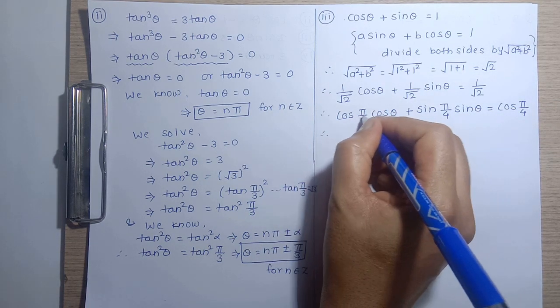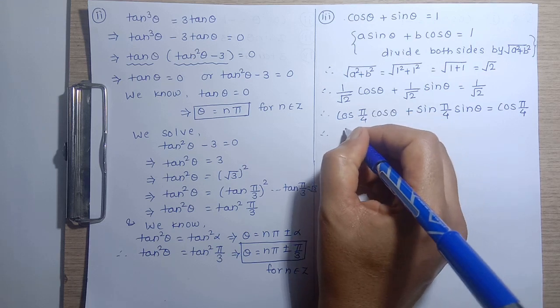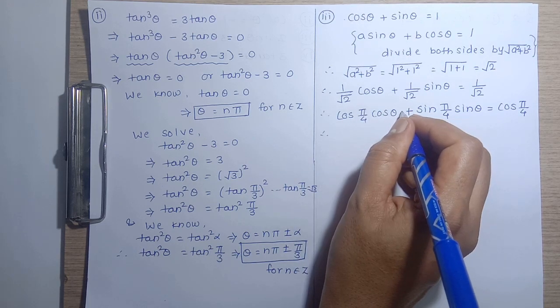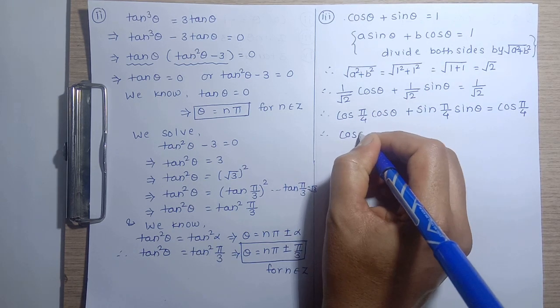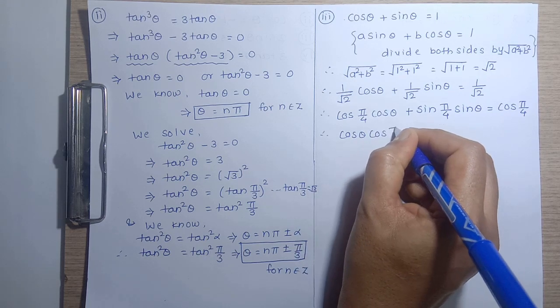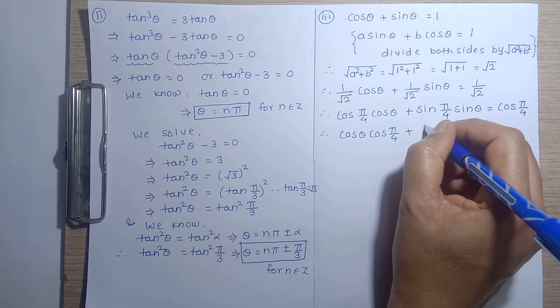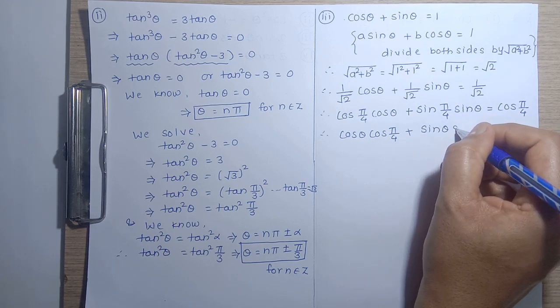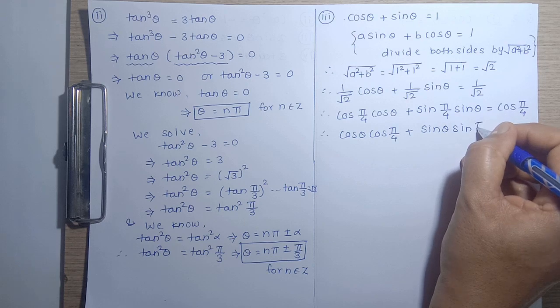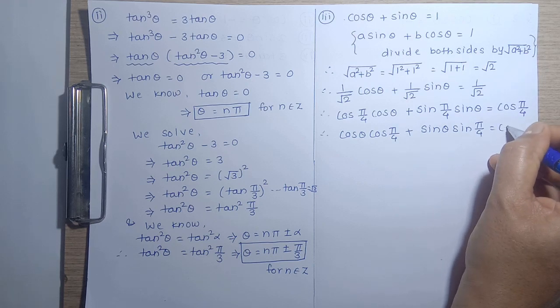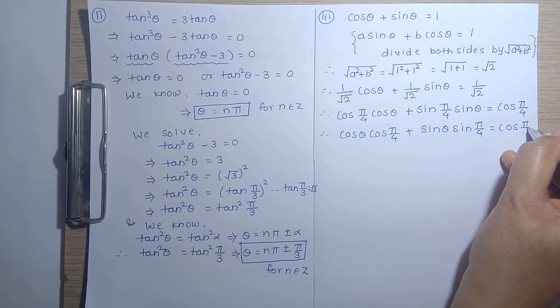Okay, here we interchange the terms, that cos of pi by 4 into cos theta, that is cos theta into cos of pi by 4, plus sin pi by 4 into sin theta, that is sin theta into sin of pi by 4, that is equal to cos of pi by 4.